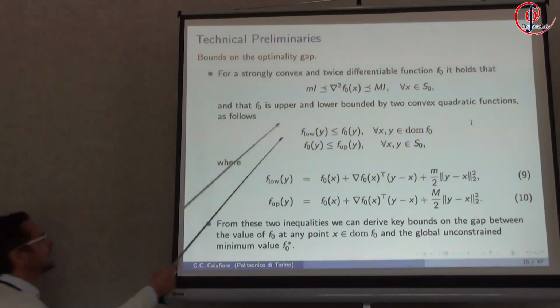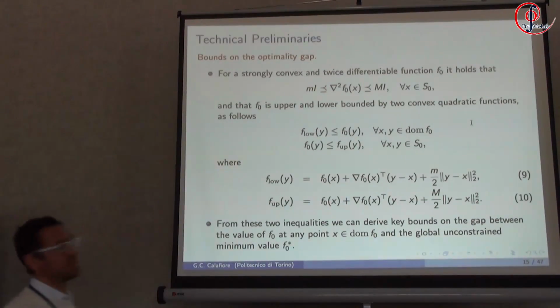It turns out that if the function is strongly convex, as we've seen before, it also has a Lipschitz continuous gradient, okay?